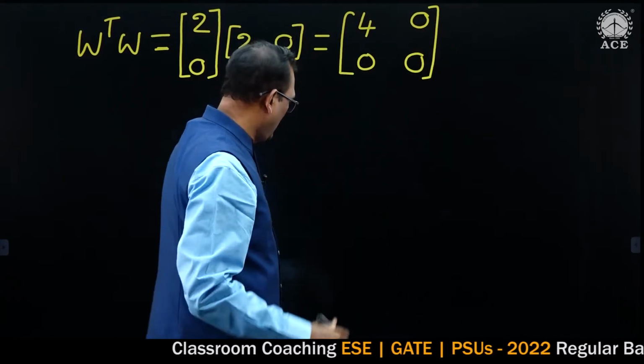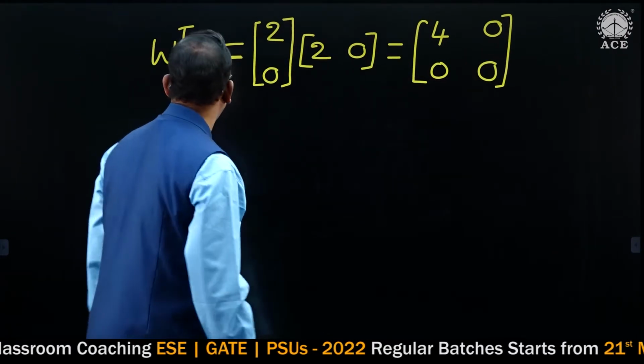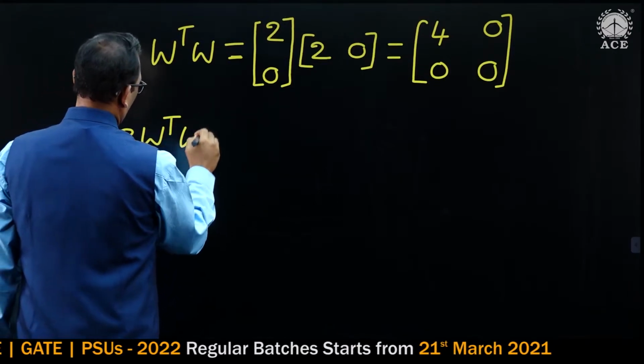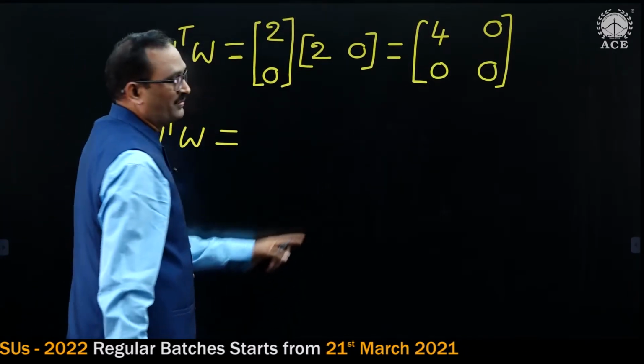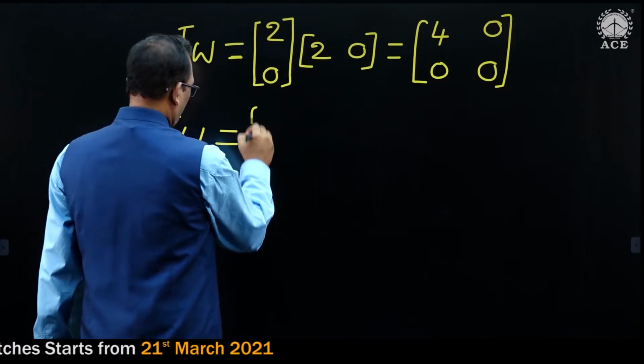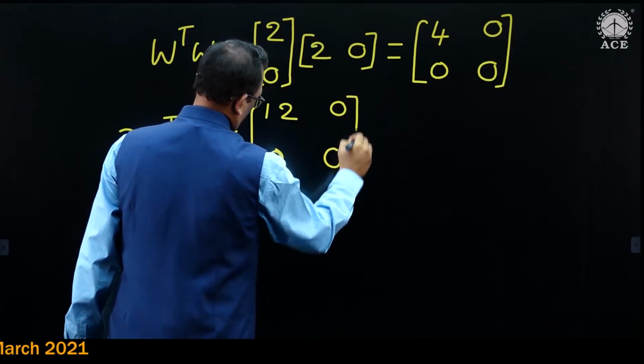But we just need 3 times W transpose into W. Multiply each and every element of the given matrix by 3, then it becomes 12, 0, 0, 0.